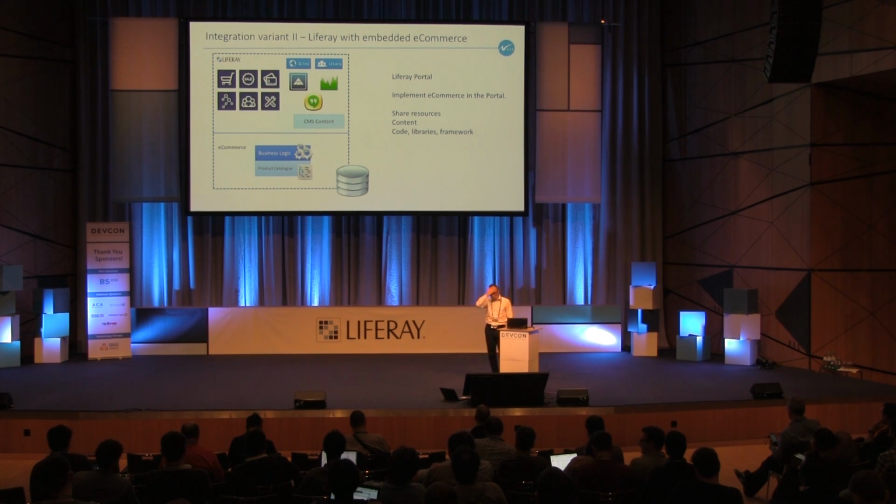In effect, you just implement all functionalities on a portal, but you have embedded e-commerce with the business logic in the same JVM. In our real project, we implemented this variant, the Liferay with the Broadleaf, and the functionality was very easy to implement, and the customer was very satisfied with the solution.